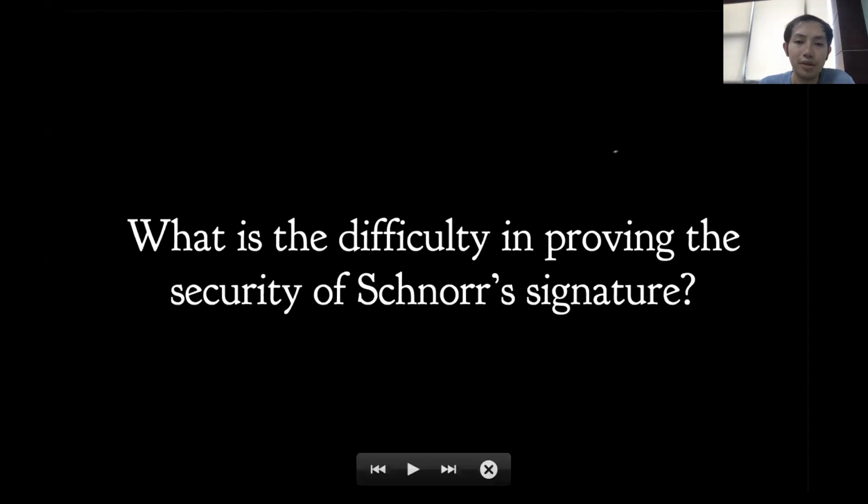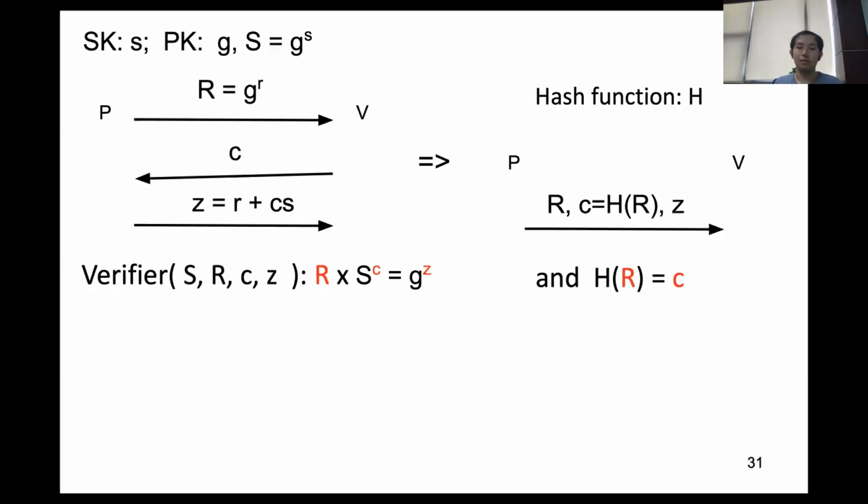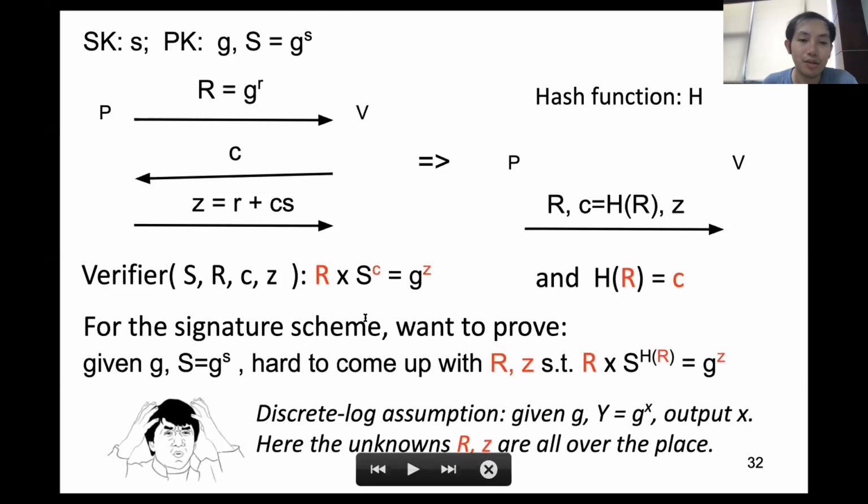So what is the difficulty of proving security of Schnorr signature in this context? To explain the intuitive difficulty, let me highlight all the unknowns to be filled in the equations in red.